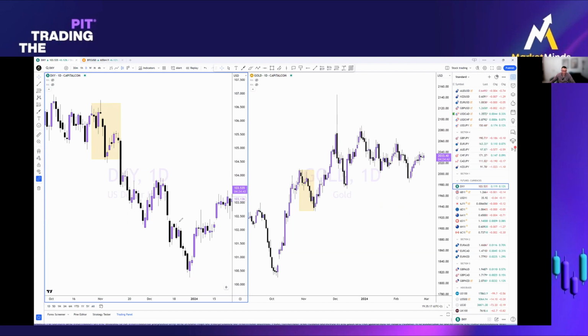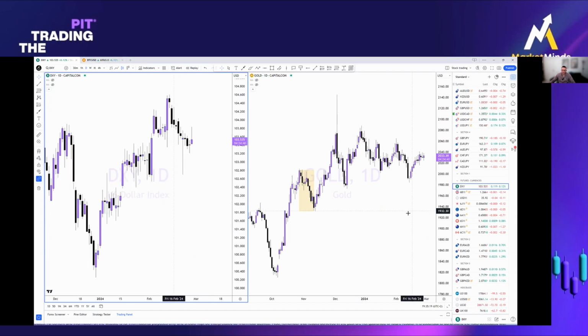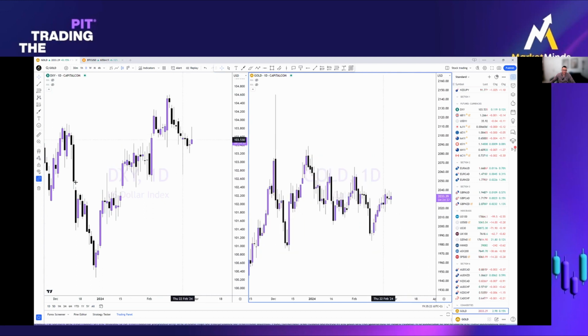But let's say currently where the current price is, they move very nicely. The dollar goes down, and of course the gold goes up. So it's a negative correlation, and that happens most of the time, which for us, the traders, is enough information.